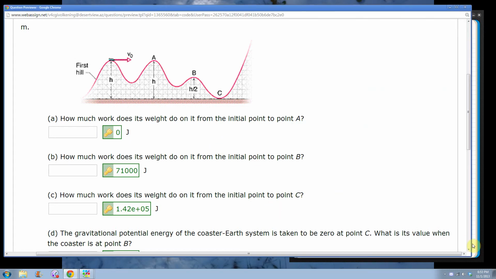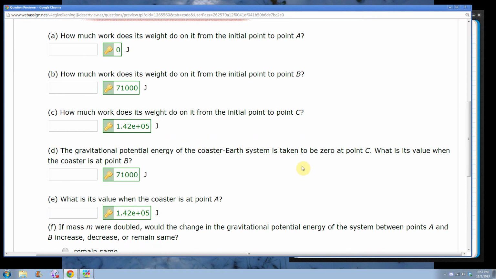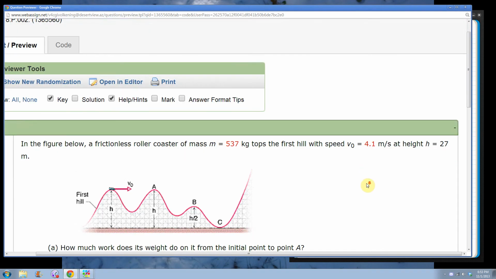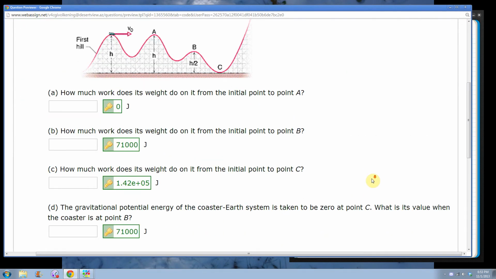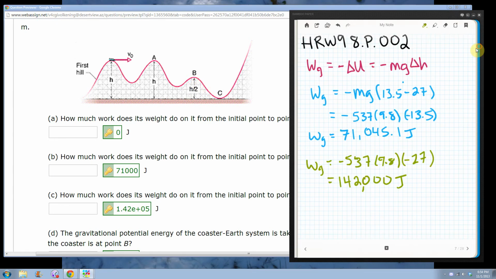Okay, now we've got the gravitational potential energy of the coaster Earth system is taken to be 0 at point C, so at the bottom. What is its value when the coaster is at point B? Well, at point B, I am 27 divided by 2 meters above what's taken to be 0.